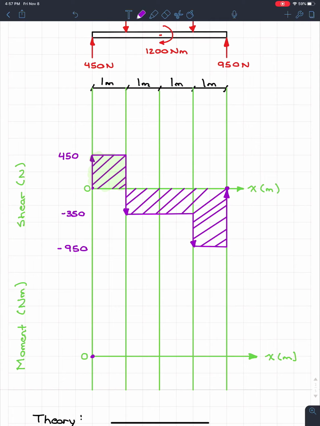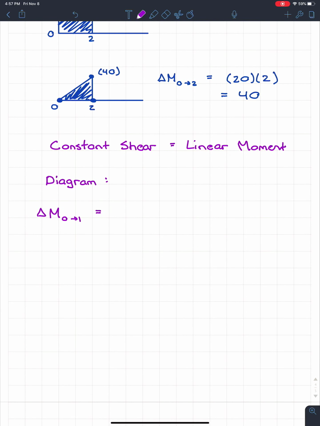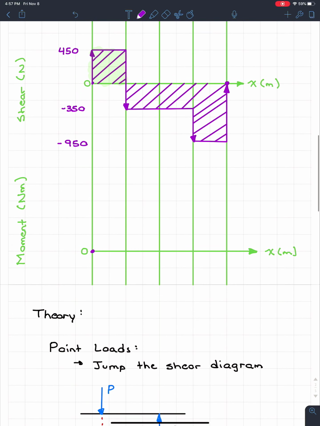We know that it's going to be 450 times 1 meter. So right here, my change in moment is going to be 450 times 1 meter, which is equal to 450. So I can come up to my moment diagram, and I know that it's going to jump up to right here, which is, we're going to say 450. And since the shear is constant, we know that this is going to be linear up to this point. So I'm just going to erase this highlighting. Okay, perfect. We're good to go.